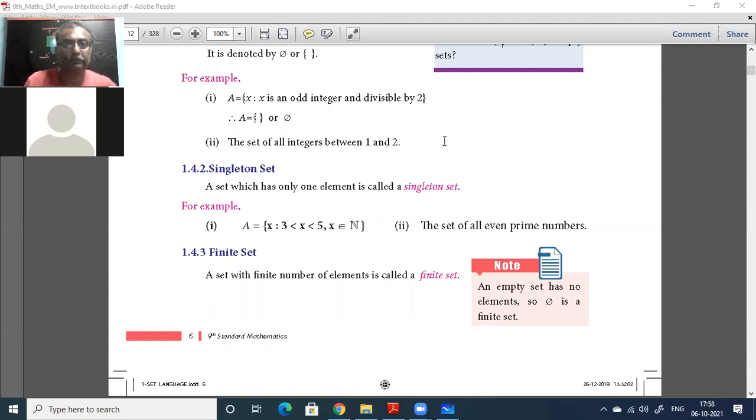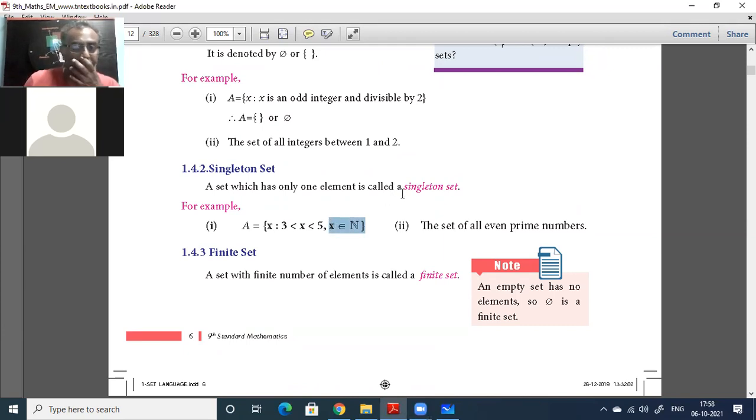Singleton set. A set which has only one element is called a singleton set. For example, A is equal to the set of x such that 3 is less than x less than 5, x belongs to N. What does it mean, x belongs to N?